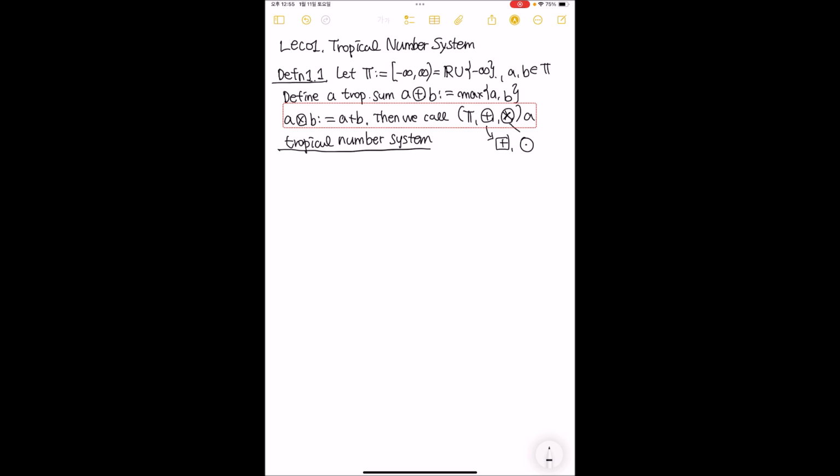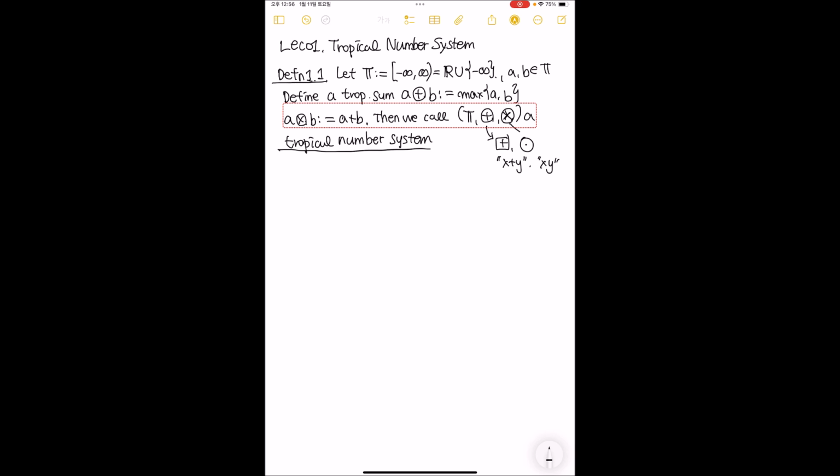And another textbook uses the question mark. That is a tropical sum, and that is tropical multiplication. The Tübingen University textbook uses this notation.